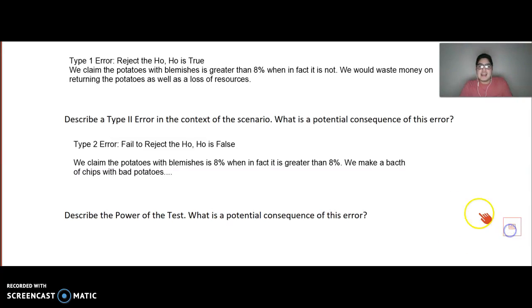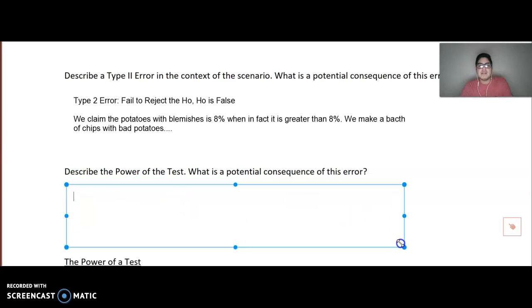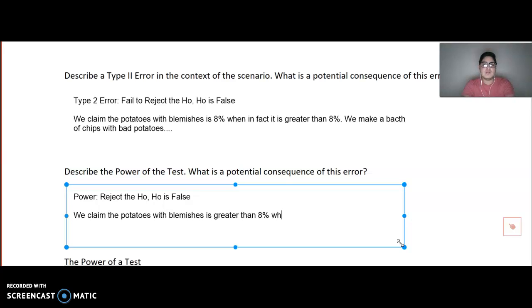Okay, and then lastly, the power of the test, and same thing here. For the power of a test, we reject the null, and the null is false. So here we claim the proportion of potatoes with blemishes is greater than 8%, when in fact it is greater than 8%.